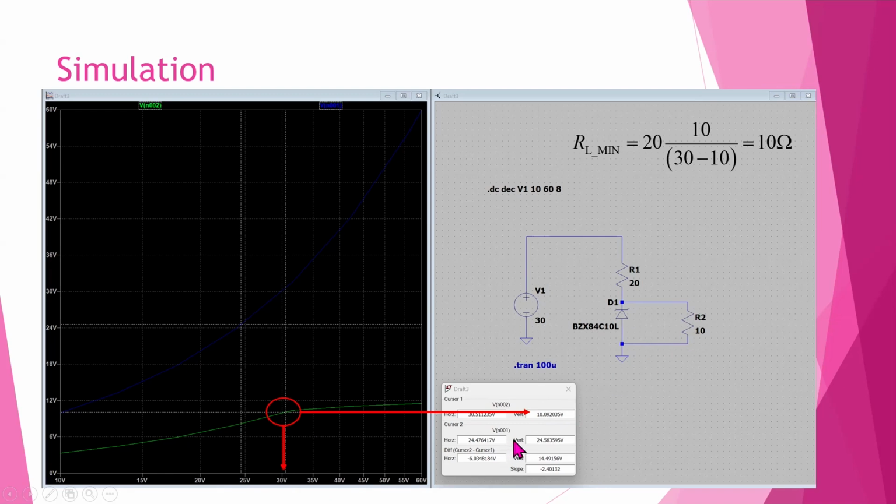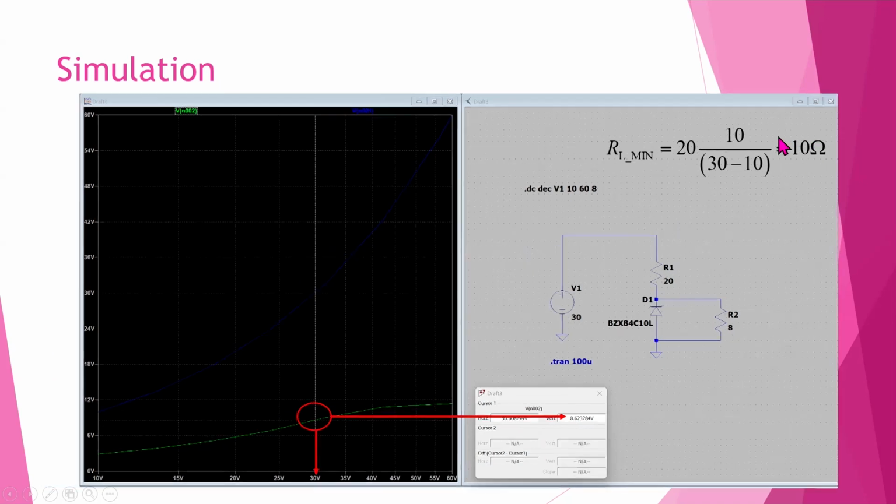So now let's go for the simulation when the RL becomes less than this value. So now I'm going to select 8 ohm for the RL, which is less than the minimum value. Here you can see the source, which is the voltage related to the voltage source.